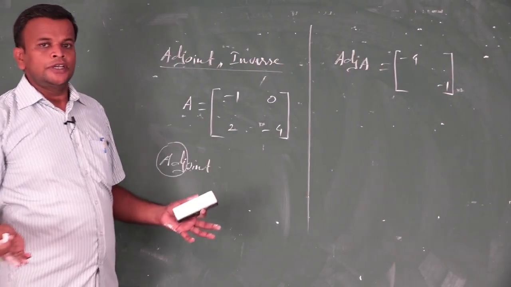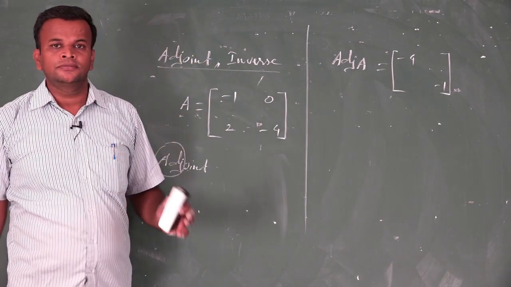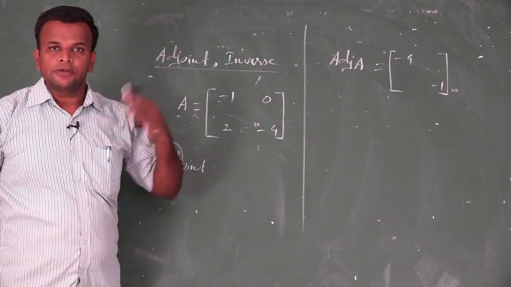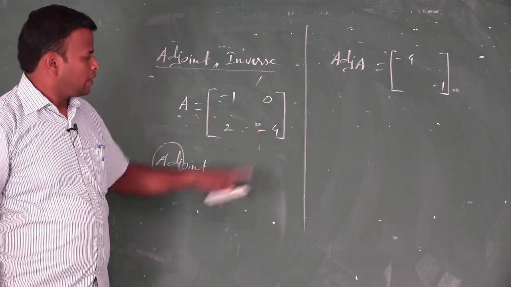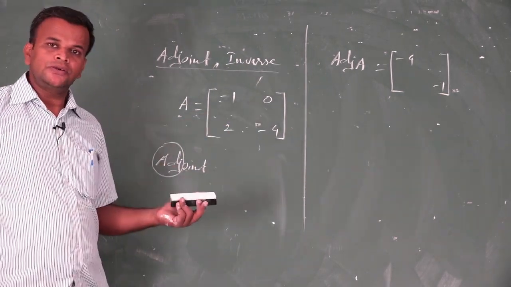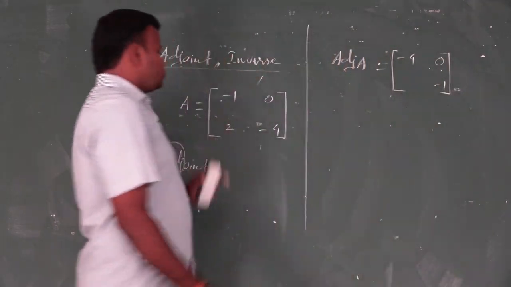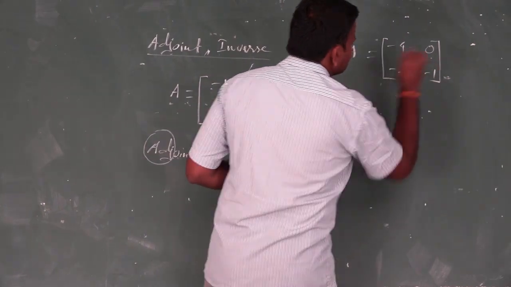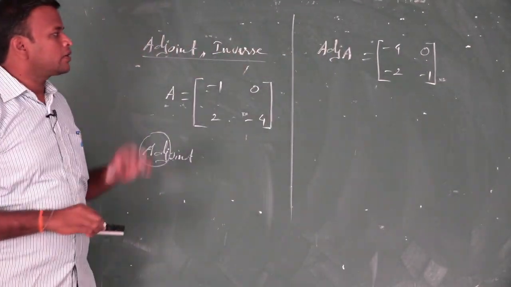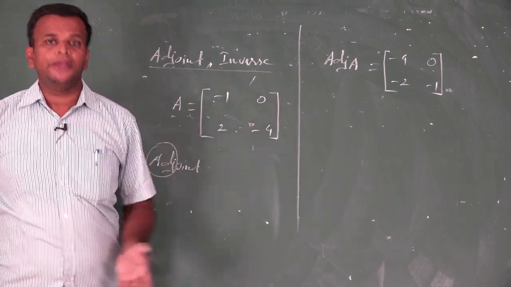And next, change the sign of the remaining 2 elements. Sign means if it has a plus, we put minus; if it is minus, we put plus. But 0 is there. -0 is also 0. And 2 is there, so we put -2.